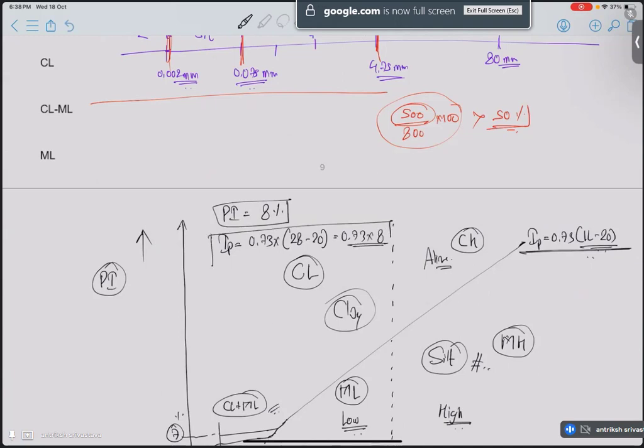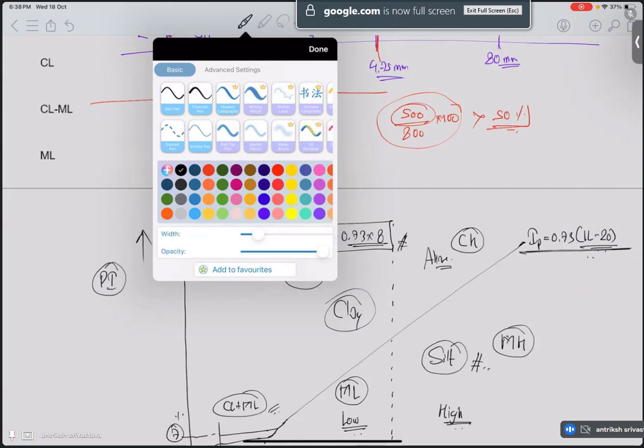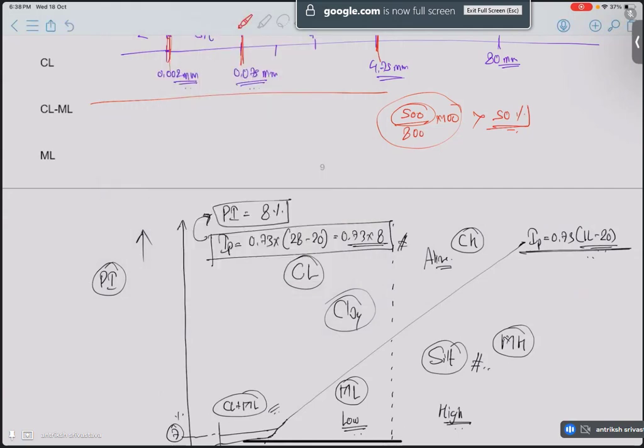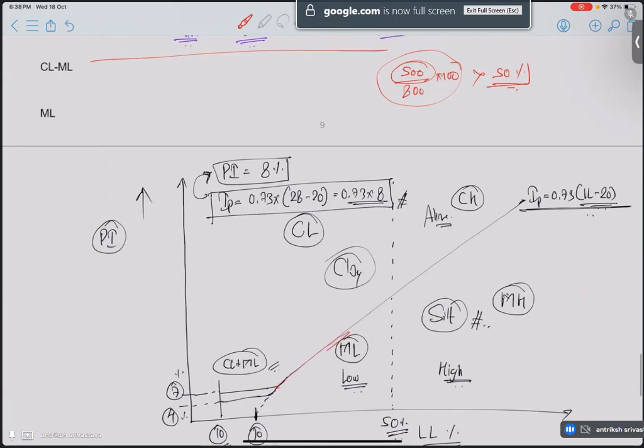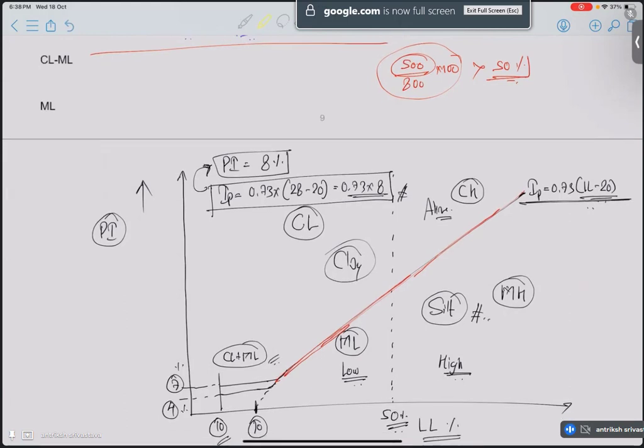So the PI from this formula is lower than the value that we are actually getting. So our point for this particular soil is going to be above the A line. And luckily our plasticity index is not between 4 and 7, so we don't have to deal with the mixture of clay and silt.